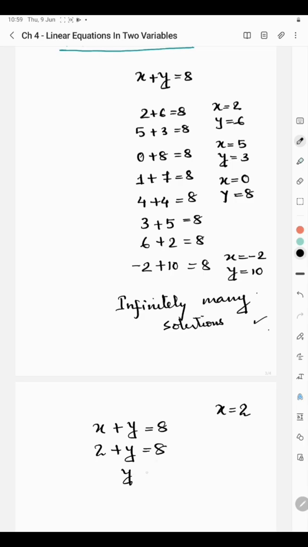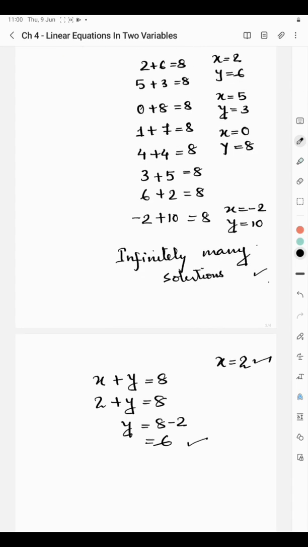So the value of y is 8 minus 2, which is 6. So here x is 2 and y is 6.